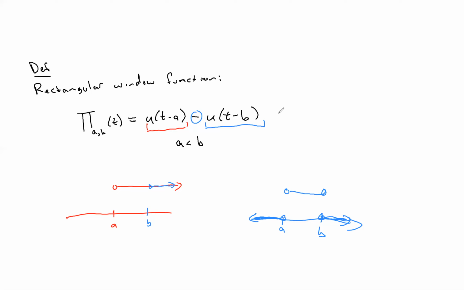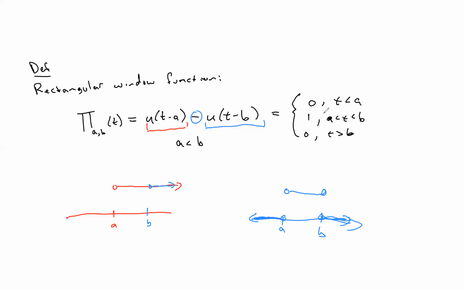So another way we could write this, if we wanted to write this using function notation, I would say something like this. It is 0 if t is less than a. It's 1 for any time between a and b. And then it goes back to 0 for any t values bigger than b.